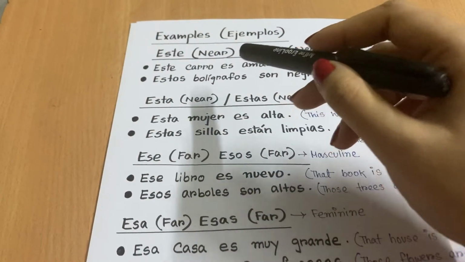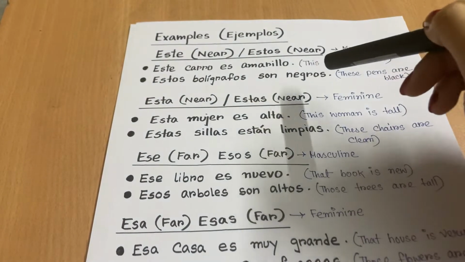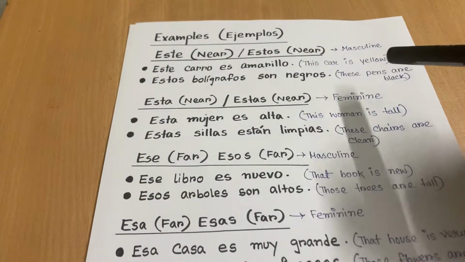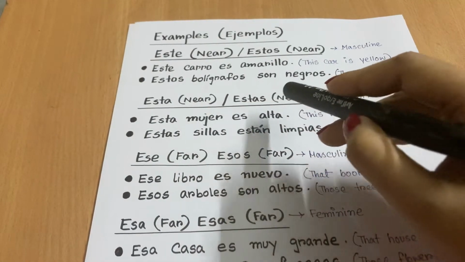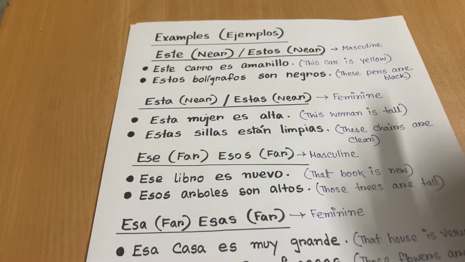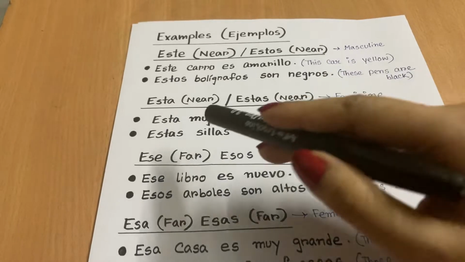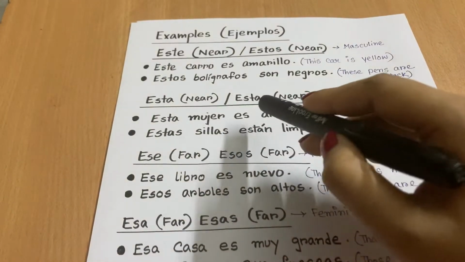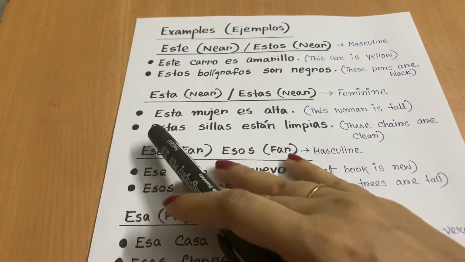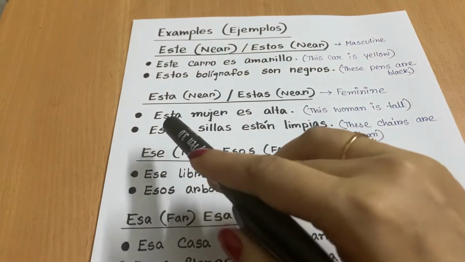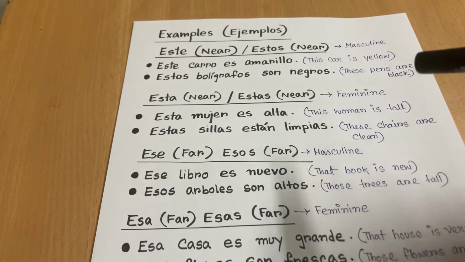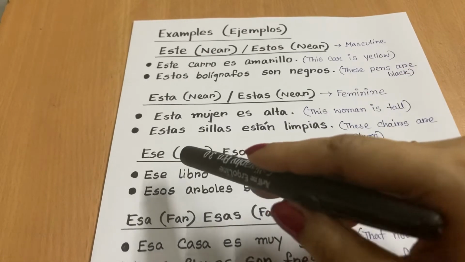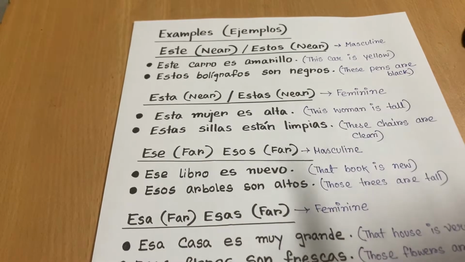Este carro es amarillo. This car is yellow. Estos bolígrafos son negros. These pens are black. Esta near, estas near, singular, plural. Esta mujer es alta. This woman is tall. Estas sillas están limpias.